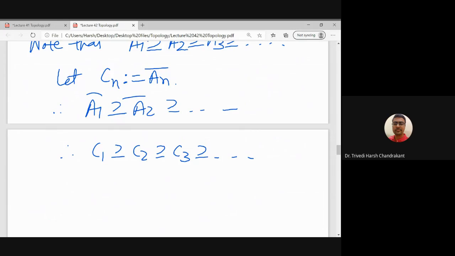So we now have the sequence Cn, which is a collection of closed subsets of X, right?